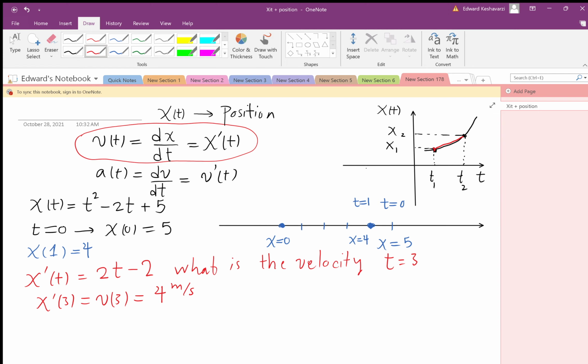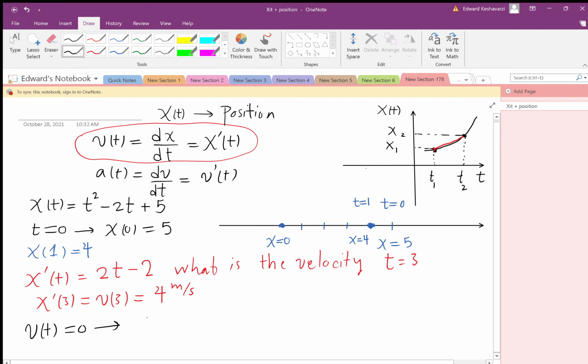Another question that we are interested in is how many times and at what point this particle changes its direction. So in order to change the direction, you need to stop. The particle must stop for a moment. So we need to set the velocity equal to 0 to see where your particle stops.